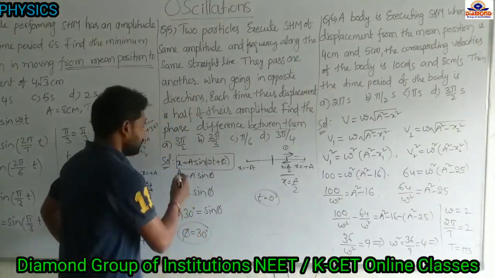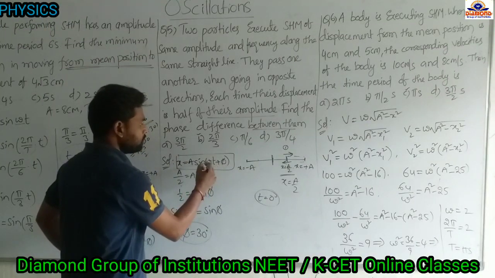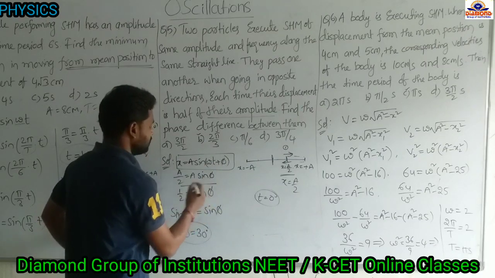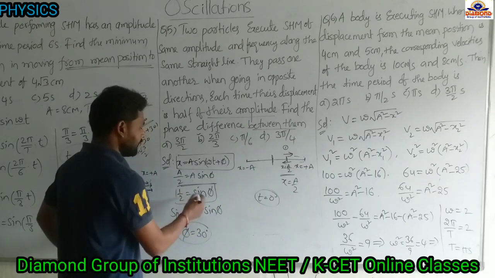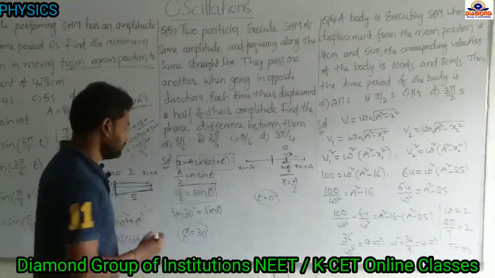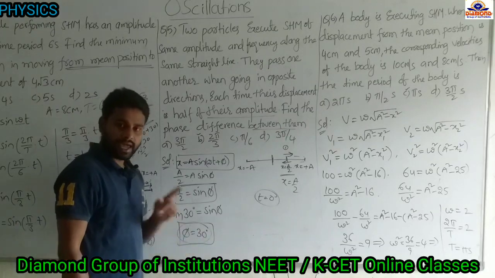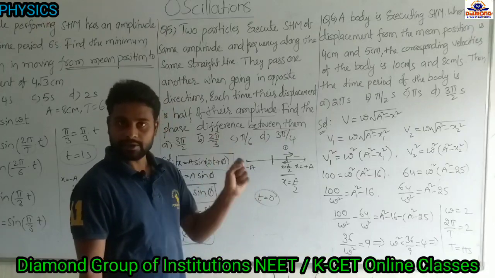Now x equal to a by 2, a into sin omega t, omega t value becomes 0, so we have phi, and sin phi we will get from this. A will be cancelled, 1 by 2 equal to sin phi, and when do we get sin equal to 1 by 2? At 30 degrees. That means phi equals 30 degrees. This is the angle of the particle from the mean position.